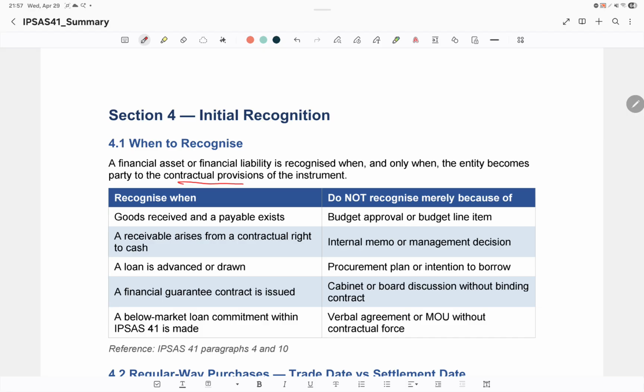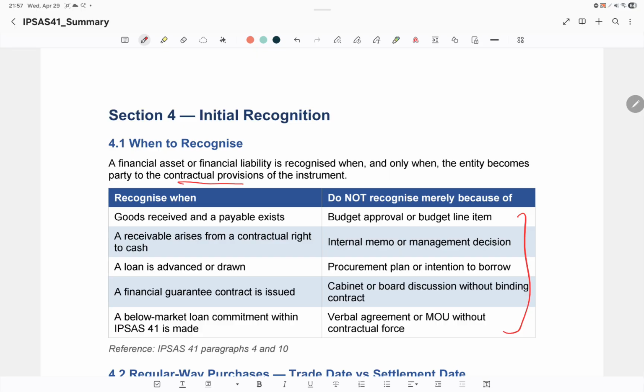A loan that is advanced or drawn is recognized. A procurement plan or intention to borrow: if you only have an intention to borrow, why would you recognize? A financial guarantee contract that is issued is recognized. Cabinet or board approval without a binding contract, or any verbal agreement, you won't recognize; there must be something legal.